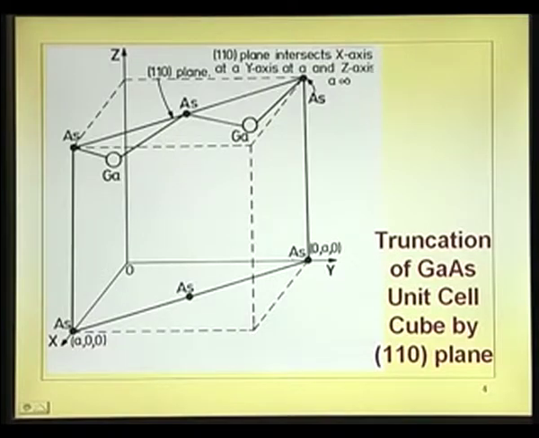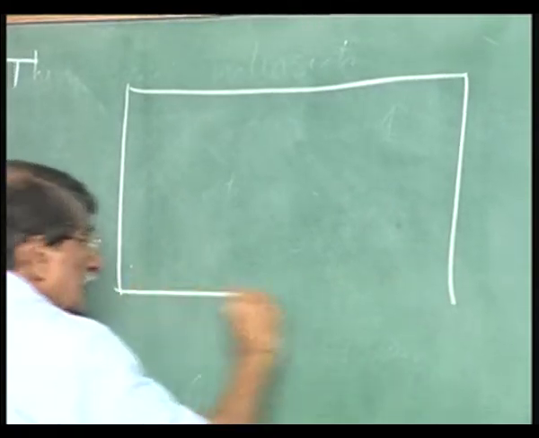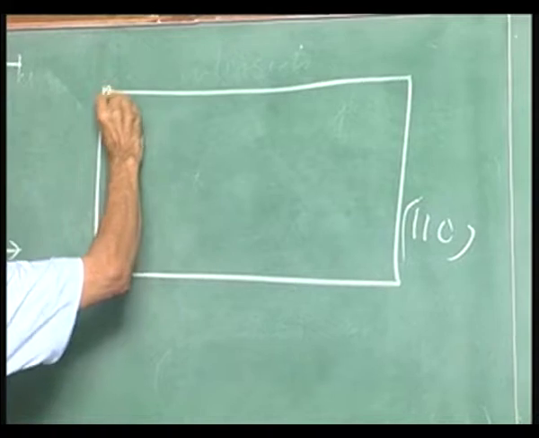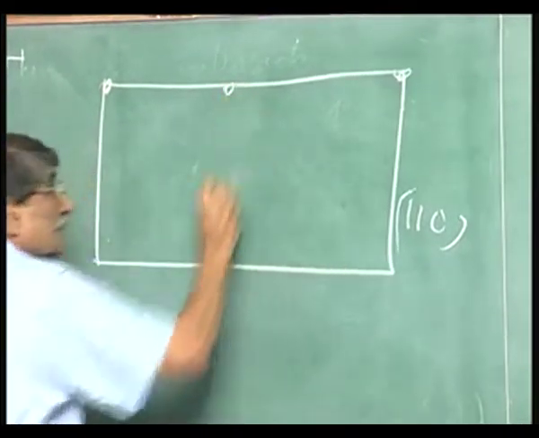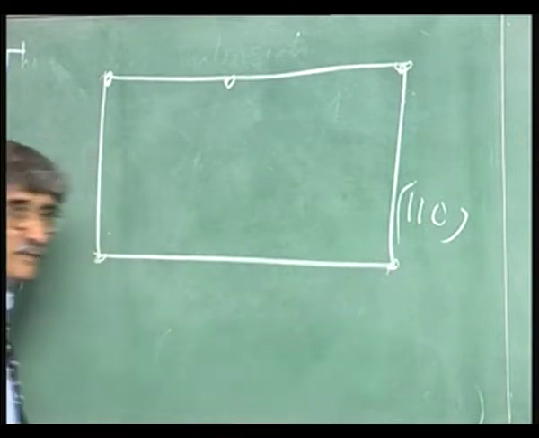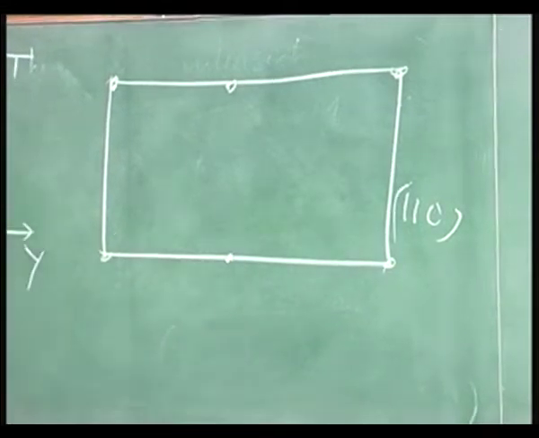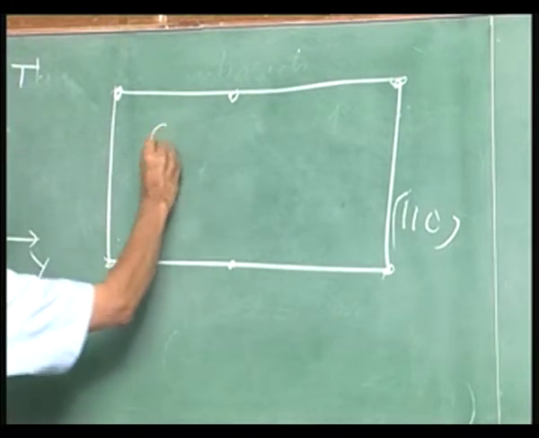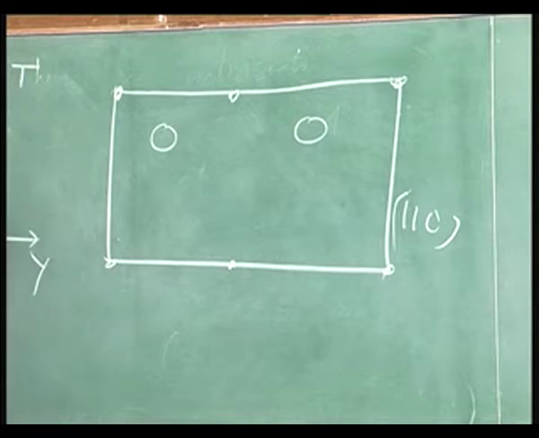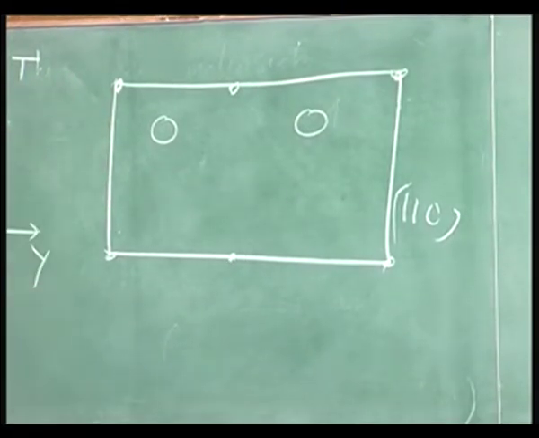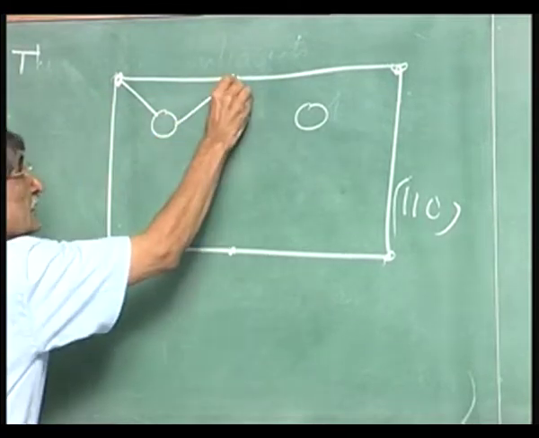Just to take a look at the atomic arrangement, what we are doing is like that. That is the 1 1 0 plane. Arsenic is there, arsenic is there, arsenic is there. Arsenic here at the corner, arsenic here at this point, bottom plane. Then there is a gallium atom here, there is a gallium atom here. That is the atomic arrangement. You can count the number of atoms there. So, this forms bond here like this, bond here like this, bond like this.